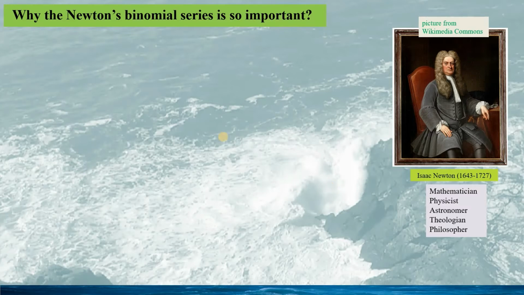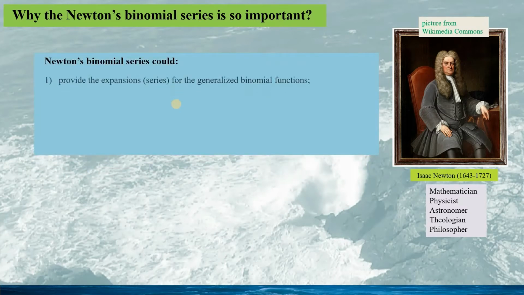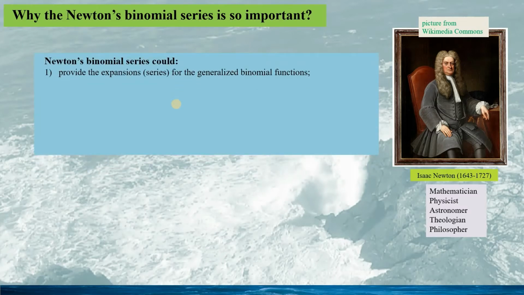For his invention of calculus, his formulation of the generalized binomial series should be very important, since without it, Newton could not have invented his calculus. Newton's binomial series could provide the expansions or series for the generalized binomial functions.